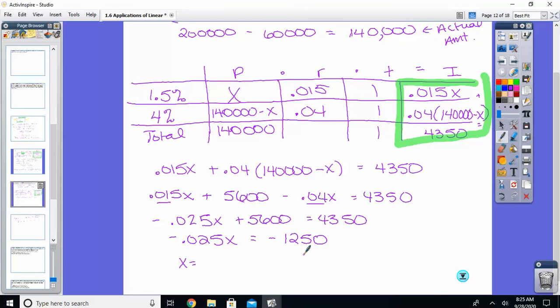What do you get? Use your Chromebook for a calculator if you don't have one. 50,000. What? 50,000.